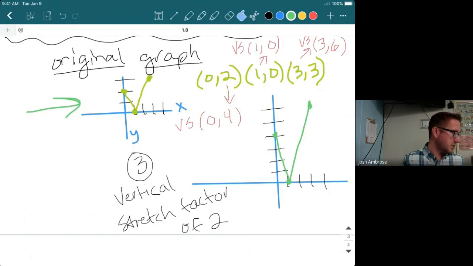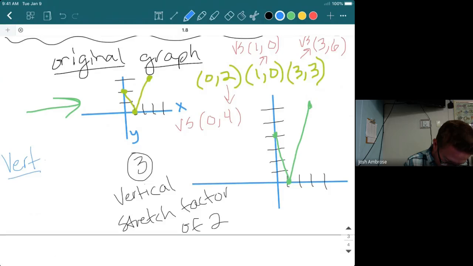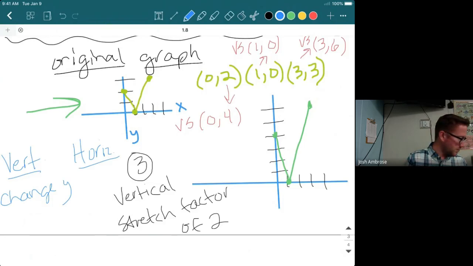A note that I want you to add: anything vertical changes the y. So I will be adding that note off to the side here. Vertical, change y, and then the horizontal, sorry, losing some space there.